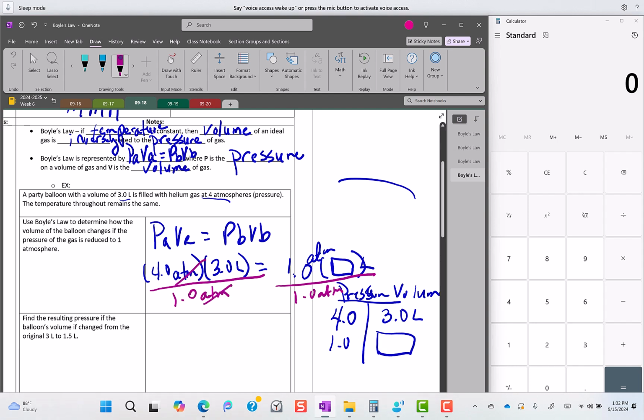We can divide out our atmospheres, and what that's going to leave us with is liters. So 4 times 3 is 12, divided by 1 is 12. We're going to have 12.0 liters as our new volume.